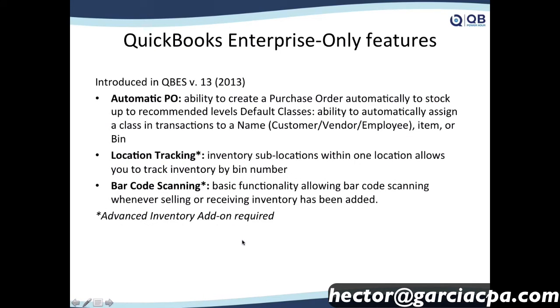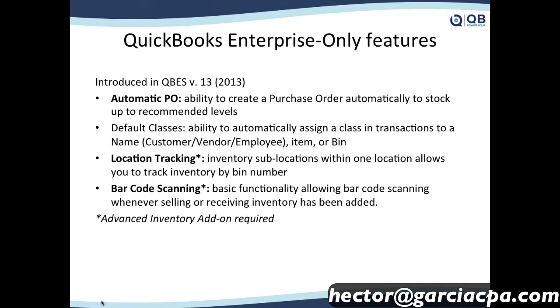In QuickBooks Enterprise 2013, they added the automatic PO feature, which is the ability to create a purchase order automatically. This is a really important piece, because when you have a minimum amount of inventory you're supposed to have and a maximum amount that you want to have, you really want to speed up the process.